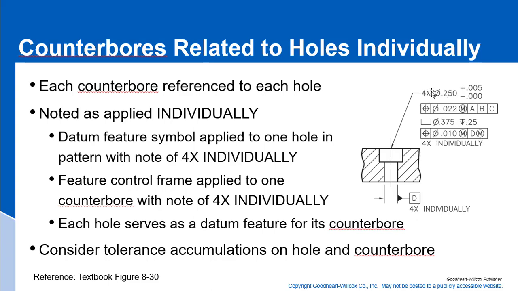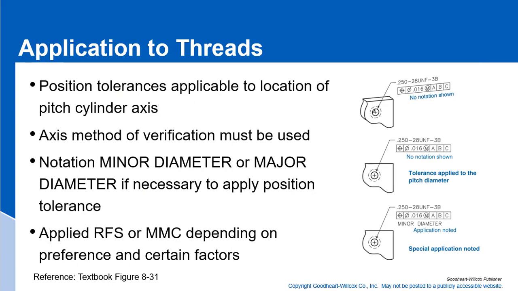Each one of these holes is controlled by this tolerance. All four of them will be controlled by this tolerance, but within each one of those holes, the counterbore is controlled to it individually. Okay, I'm going to start with application to threads on the next slide. Thank you.